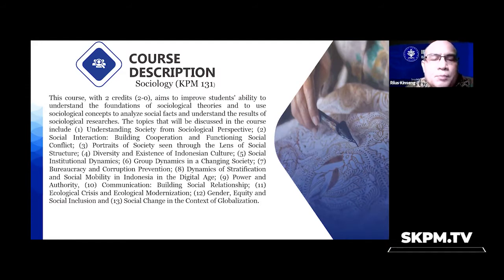Then a portrait of society seen through the lens of social structure, diversity and existence of Indonesian culture, social institutional dynamics, group dynamics in a changing society, and bureaucracy and corruption prevention.